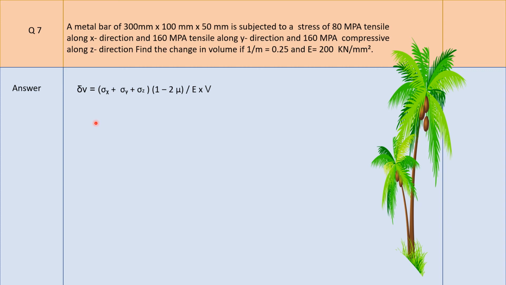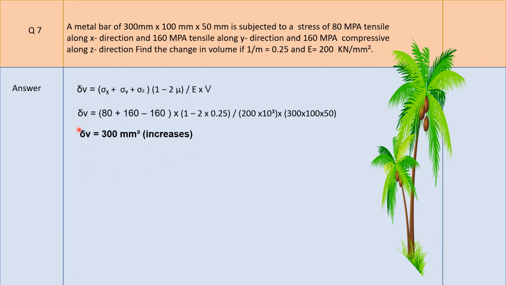So here, bracket open 80 plus 160 minus 160 bracket close into bracket open 1 minus 2 into 0.25 bracket close divided by bracket open 200 exponential 3 bracket close into bracket open 300 into 100 into 50 bracket close is equal to, check what is the answer you are getting.